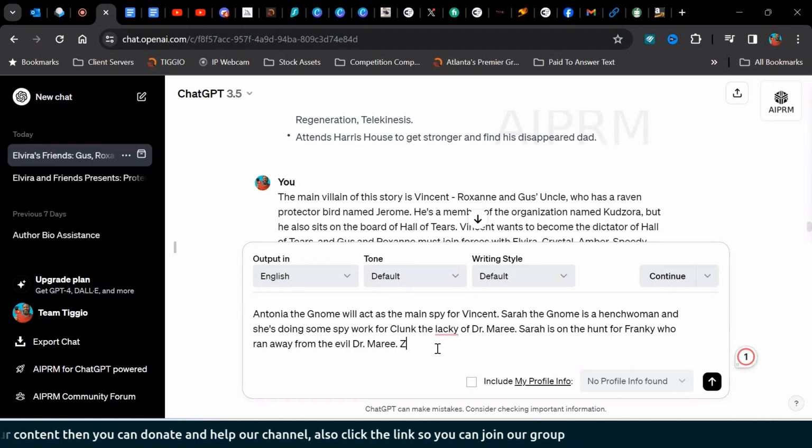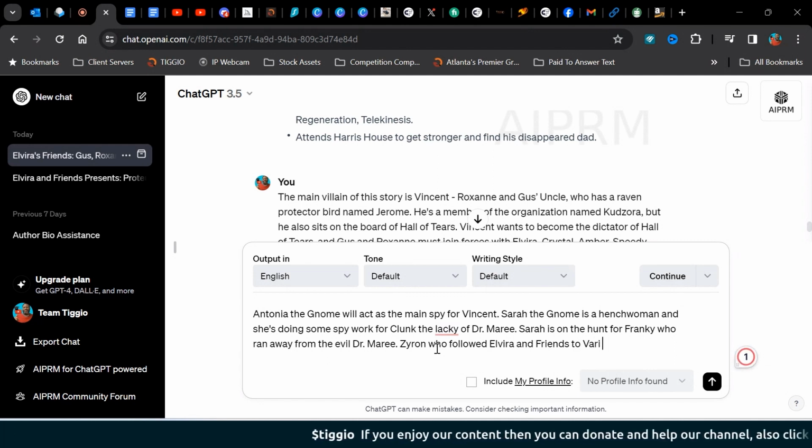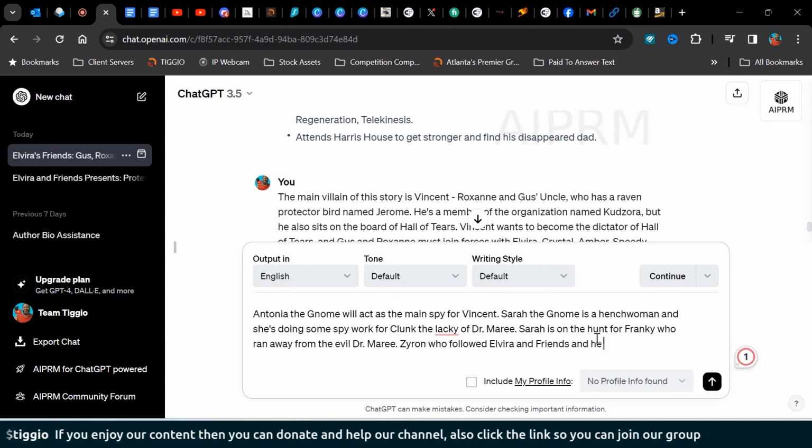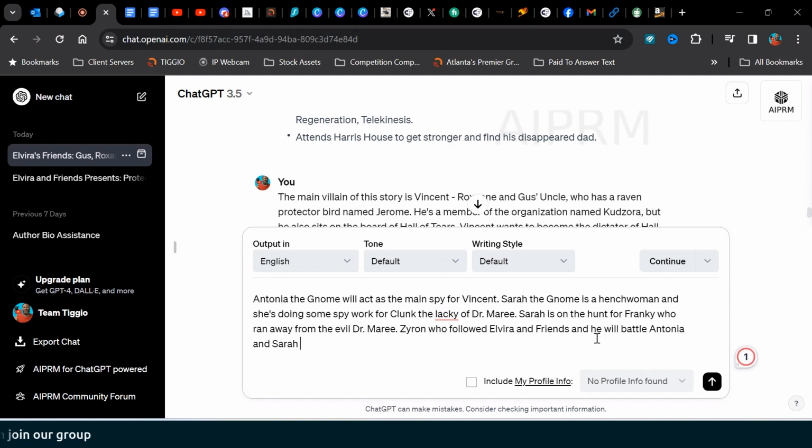Now we need Ziron, who followed Elvira and friends to Fiery Falls. What is it? Fire Shadows. And he will battle Antonia and Sarah in this book.